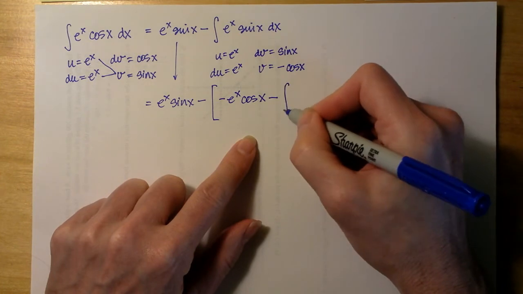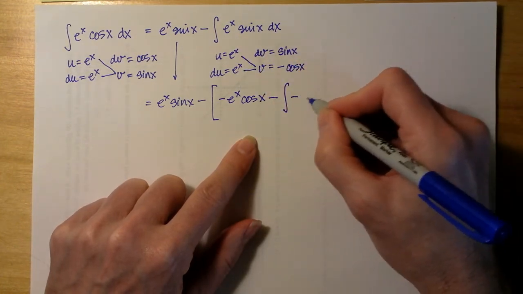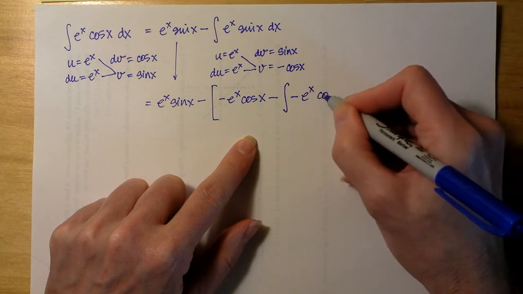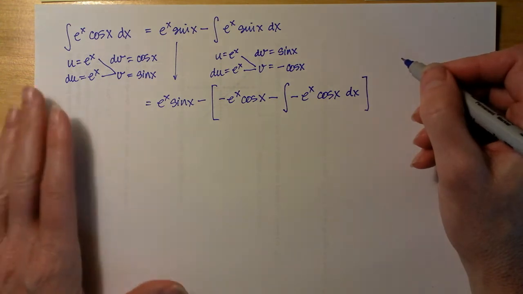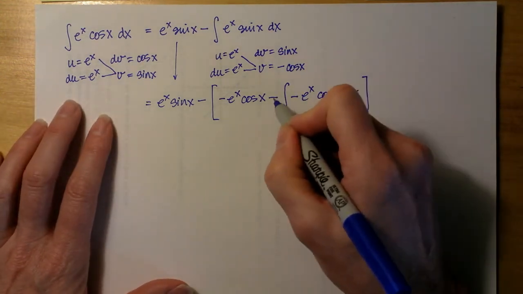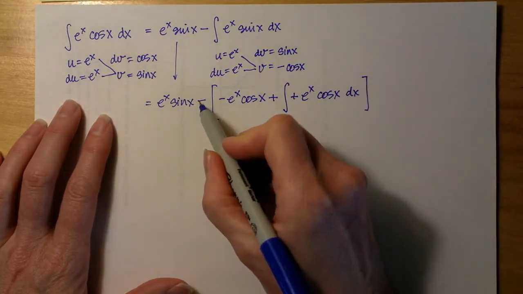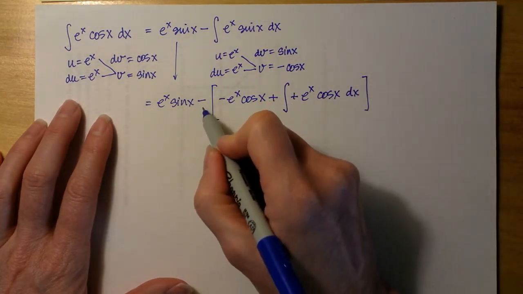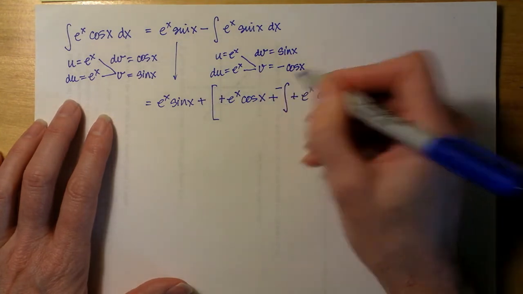minus the antiderivative of v times du. So another minus e to the x times the cosine of x dx. Let me resolve all of these pluses and minuses. So minus this minus, we'll turn them both into a plus, and then when I apply this subtraction, that'll make this one a plus and make this one go back to minus, right?